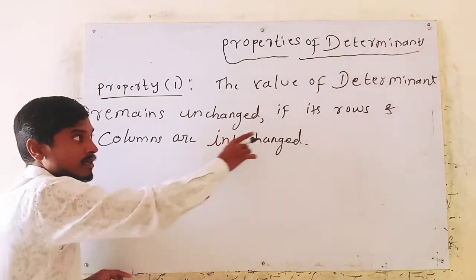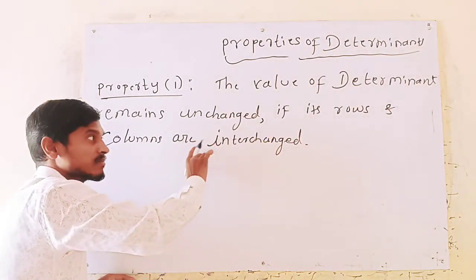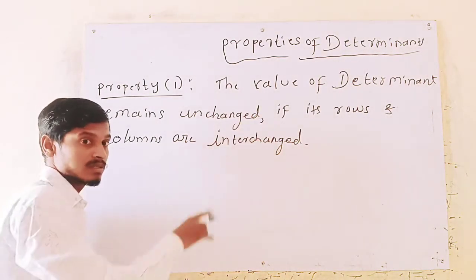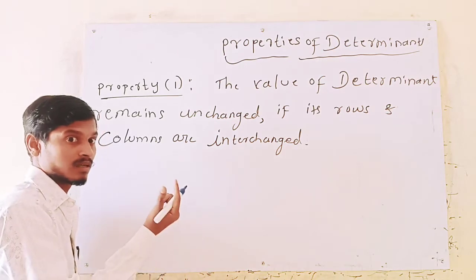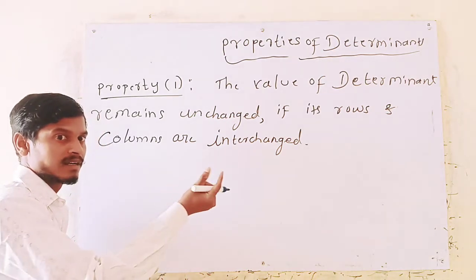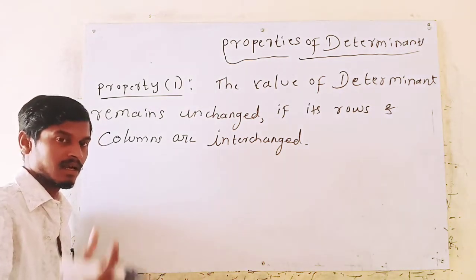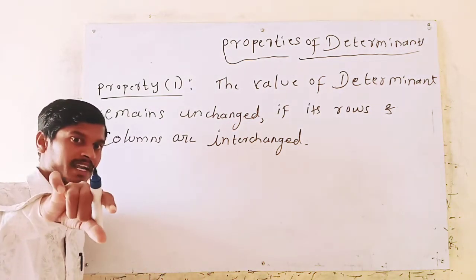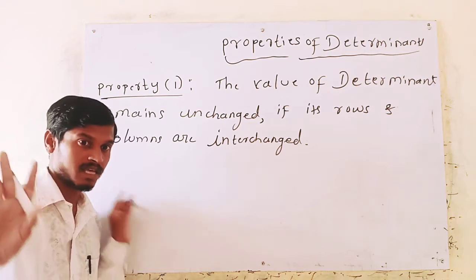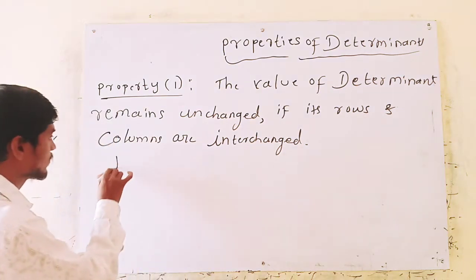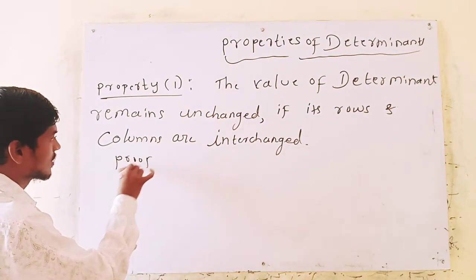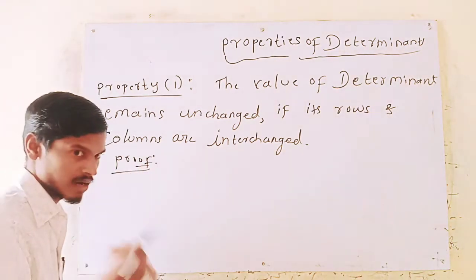If rows and columns are interchanged, it is nothing but the transpose. Interchange rows with columns. If you take the transpose of a determinant and evaluate it, the value remains the same. Let us go for the proof. To prove this, I will take an example.